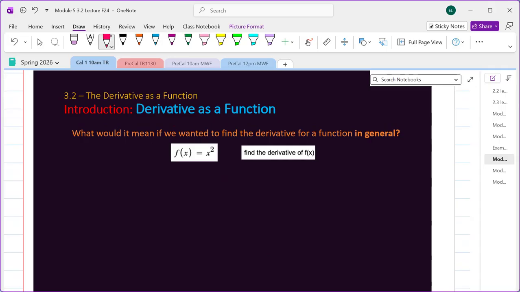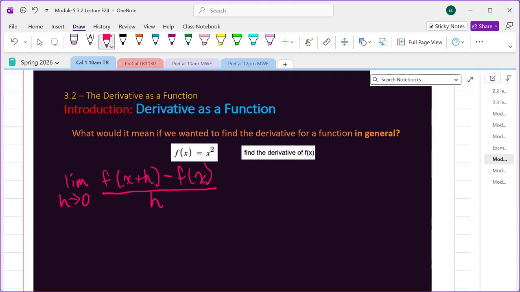So we're going to use our definition of derivative, but we're not going to plug in a number for x. We're just going to leave it as x.